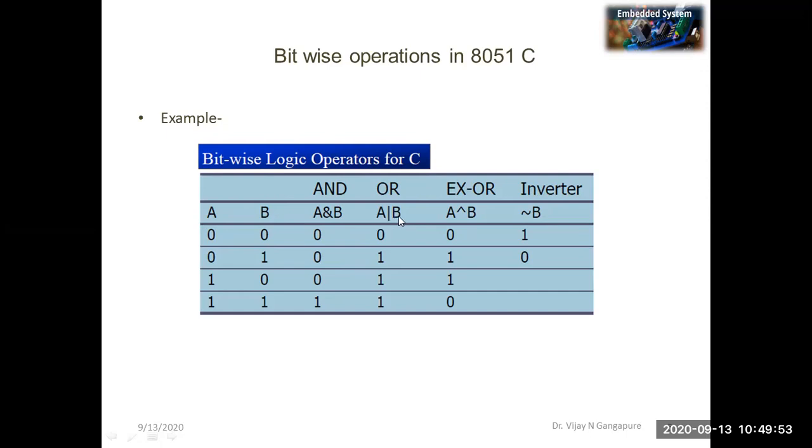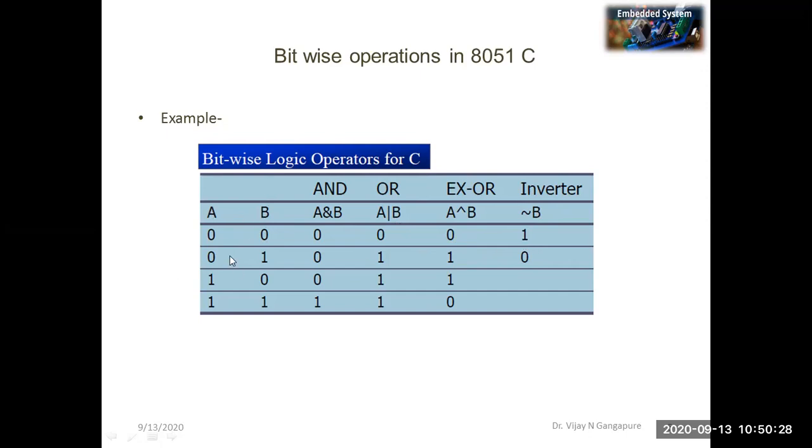A bitwise OR with B produces 0 because both are 0. XOR also produces 0. For inversion, only B is the operand, because the inverter operator operates on only a single operand. If B is 0, then after the bitwise inversion it becomes 1.